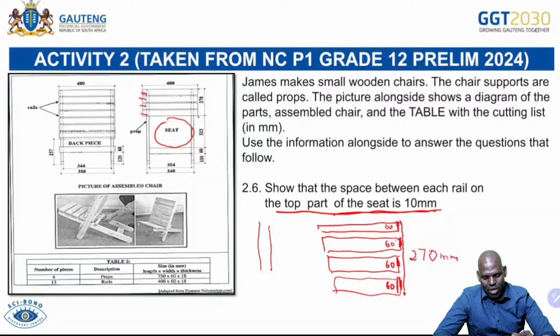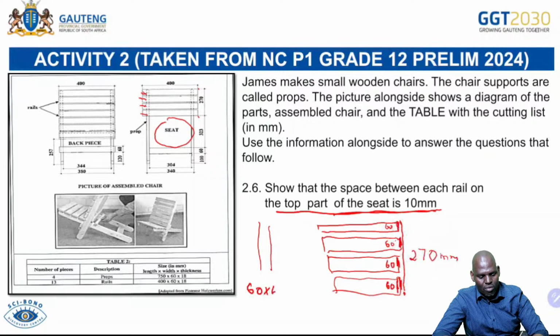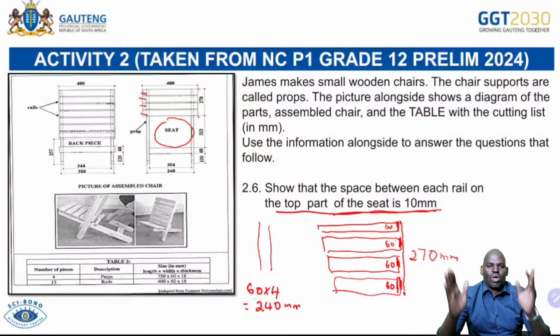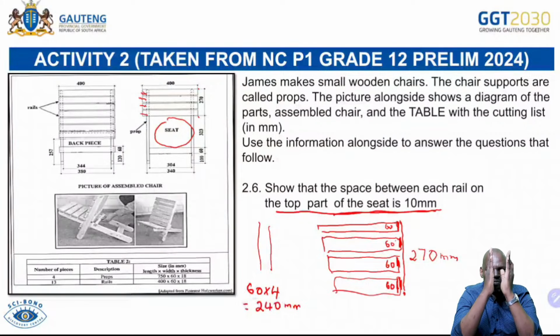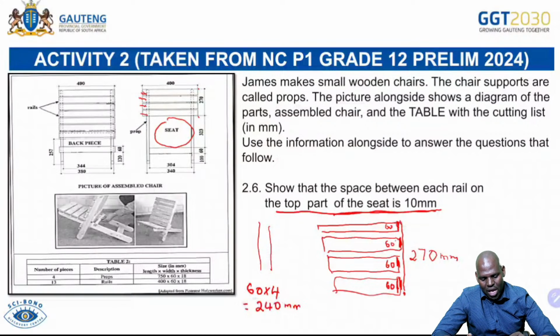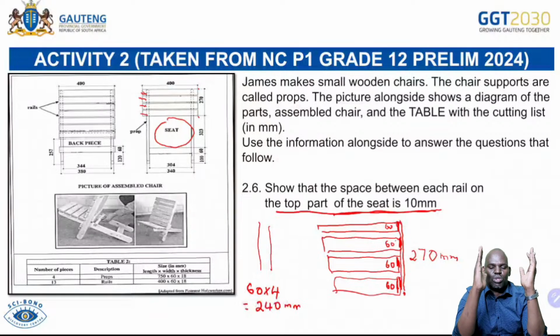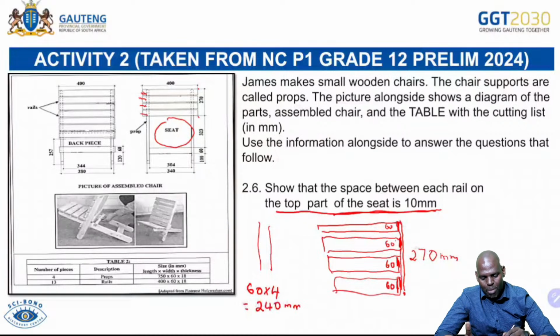Okay, and then if we take the width of this one, we add it with this, we add it with this, we add it with this, we're going to get 60 multiplied by 4. Okay, so 60 multiplied by 4 will give us 240 millimeters. So if we put them very close to each other, they would give us a total of 240 millimeters. But when we leave a space in between, then it becomes bigger.